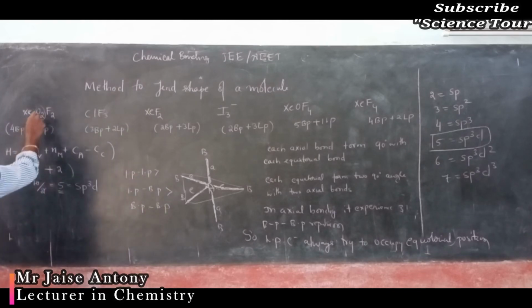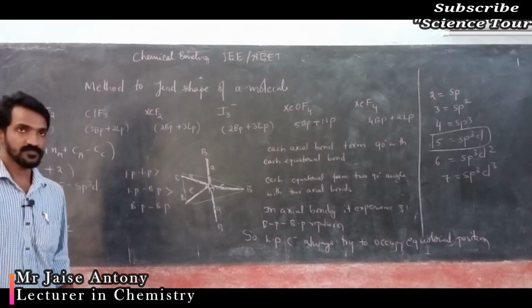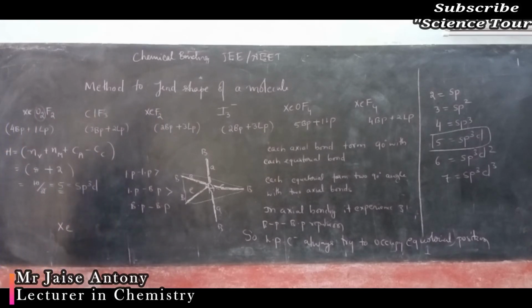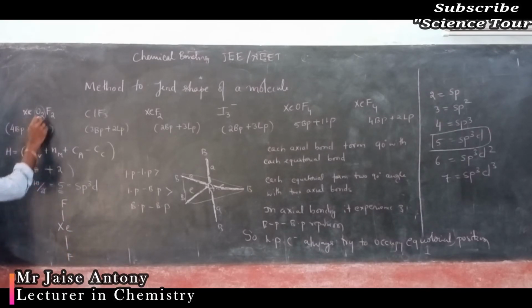My dear students, in this case xenon oxydifluoride, what is the structure actually? Xenon at the center, and 2 fluorine atoms, 1 fluorine, another fluorine, and 2 oxygen atoms. Each oxygen atom forms a double bond with xenon, correct?